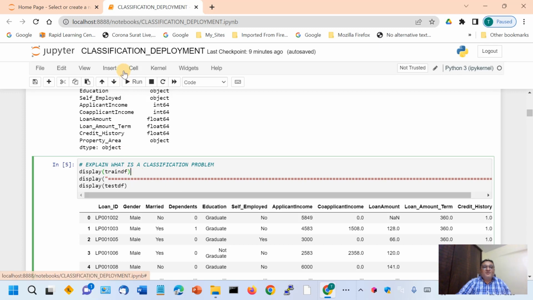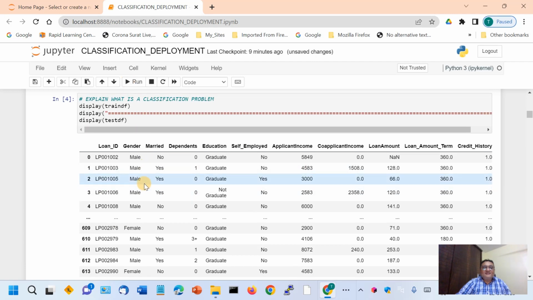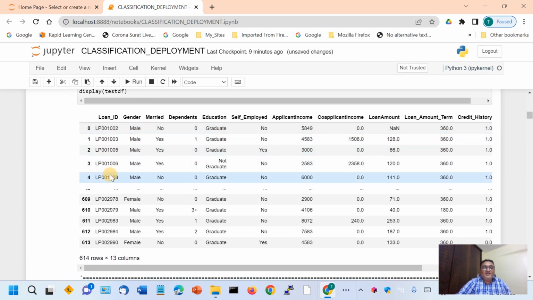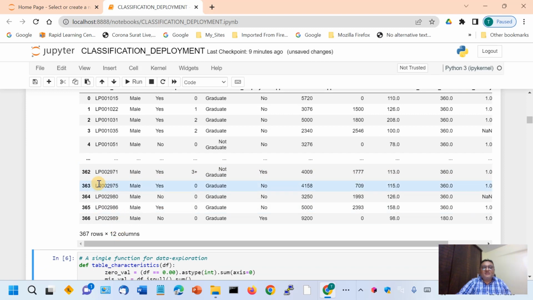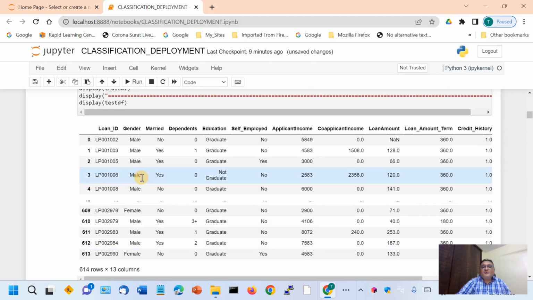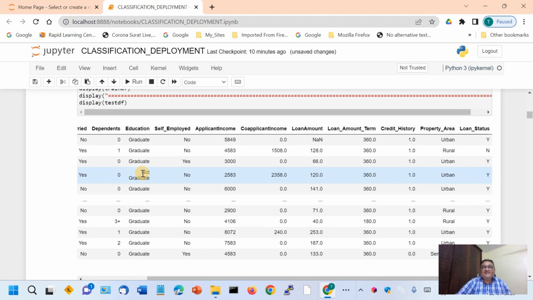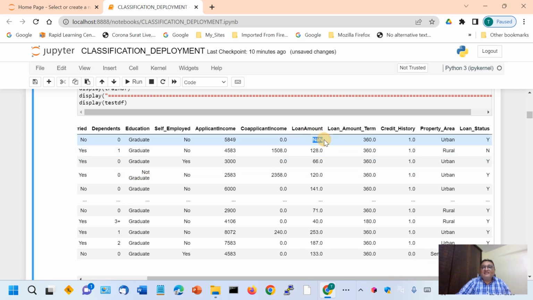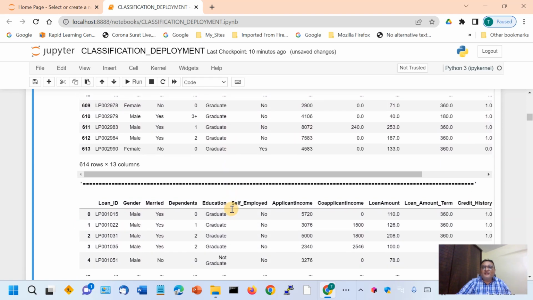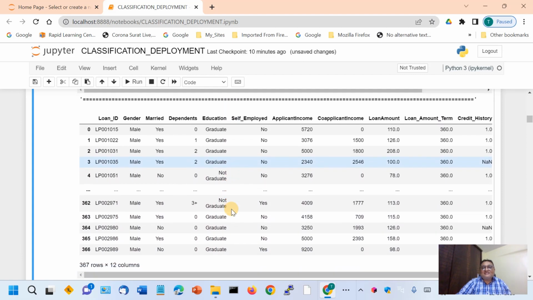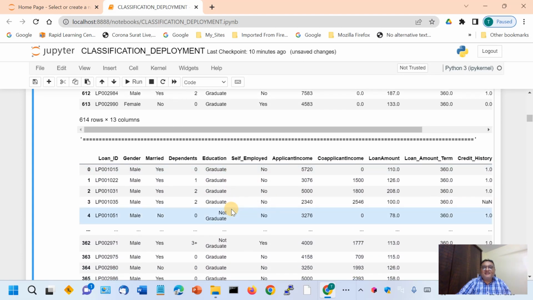Let us have a quick view of our train data set and test data set. So these are the top five and bottom five rows of the train data set, and these are the top five and bottom five rows of the test data set. Now, if you see both, you can see this time there are null values. In regression, we had taken a very simple data set. In fact, we used ChatGPT itself to create a data set. But in classification, now this is an actual data set.